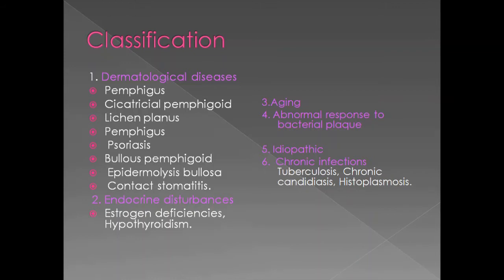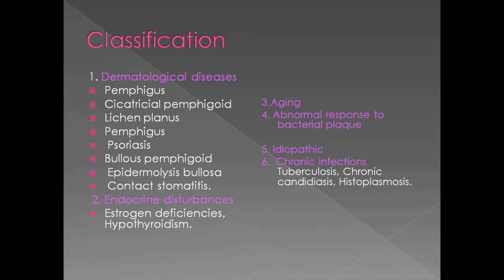Desquamative gingivitis can be seen in various conditions, like first of all dermatological diseases like pemphigus, cicatricial pemphigoid, lichen planus, psoriasis, bullous pemphigoid, epidermolysis bullosa, contact stomatitis, various endocrine disturbances like estrogen deficiency, hypothyroidism.